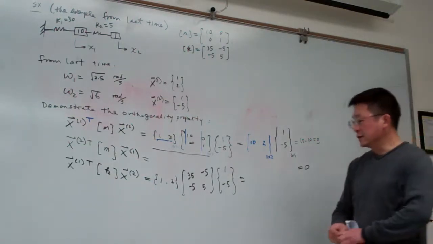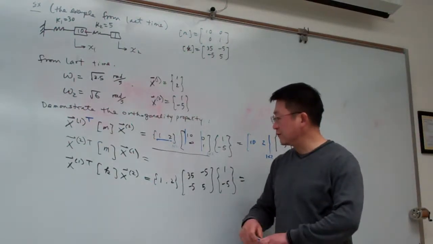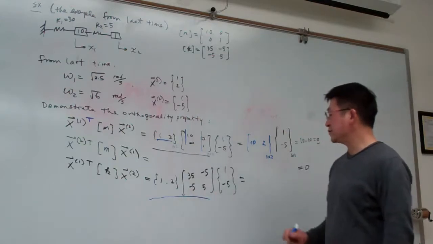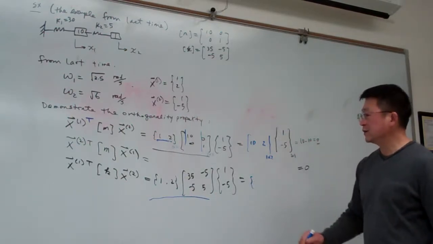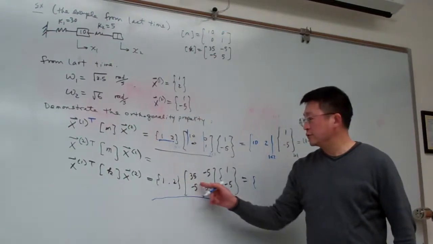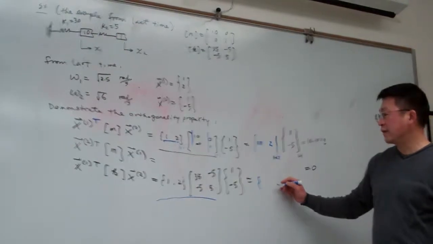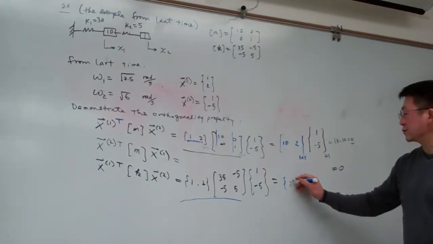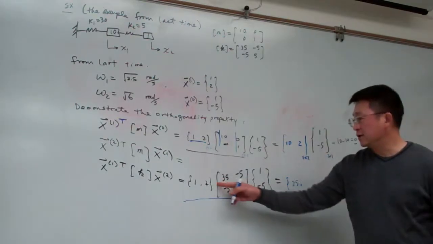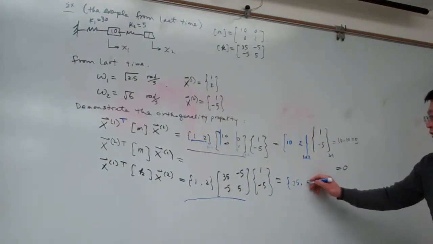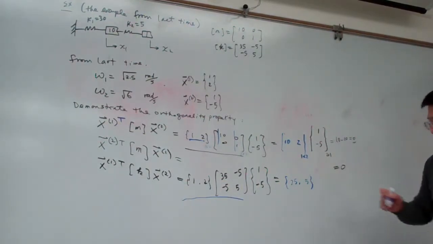Let me work on the first two first. 1, 2 multiplied with that gives 35 minus 10 equals 25, and this one multiplied with that equals 5.